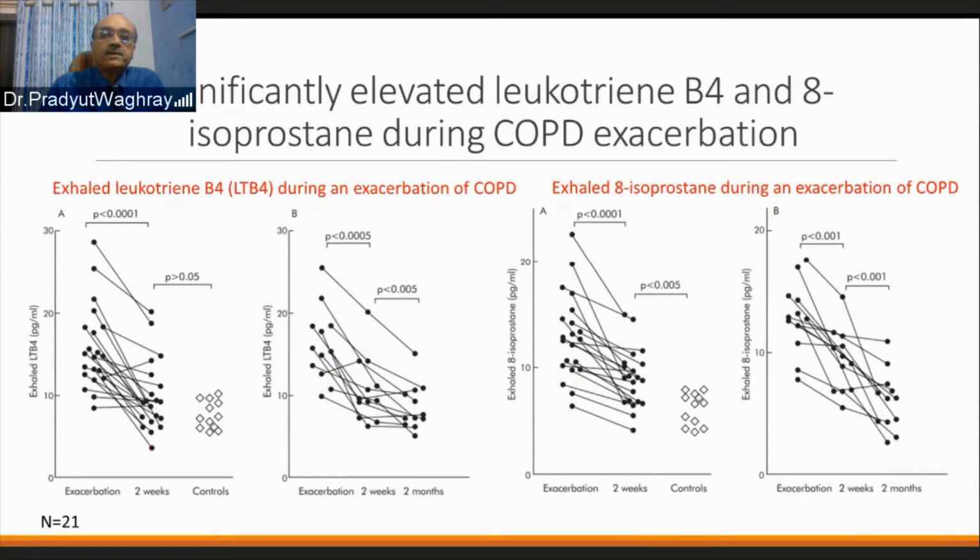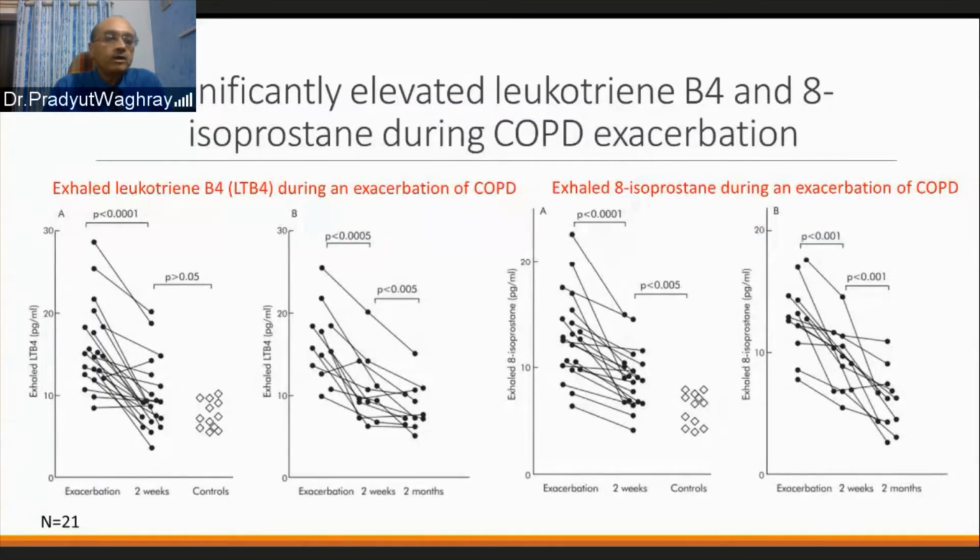Then significantly elevated leukotriene B4 and 8-isoprostane were also found not only in stable COPD but also during COPD exacerbations. So if you see the slide on the left hand side, it gives us a comparison between the controls and the COPD patients as far as leukotriene B4 and 8-isoprostane are concerned.